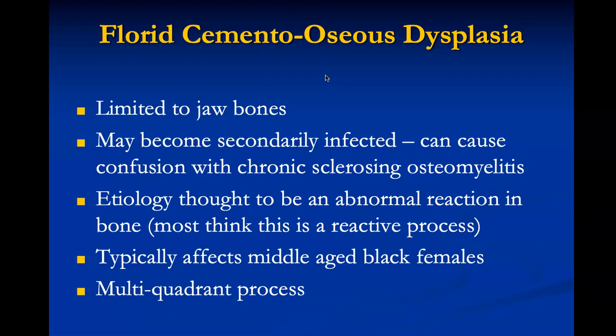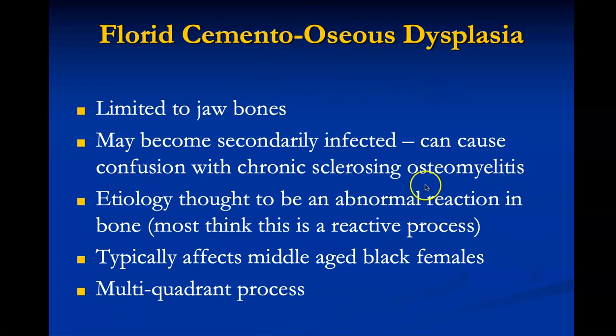But florid cementoosseous dysplasia is limited to the jaws, whereas with Paget's disease, multiple bones can be involved, and with Gardner's they would have other symptoms such as polyps in the colon. So that's one of the ways that you can differentiate between those lesions. But all three of those lesions can have opacities that are affecting more than one quadrant of the jaws.